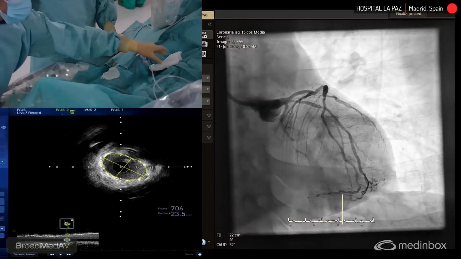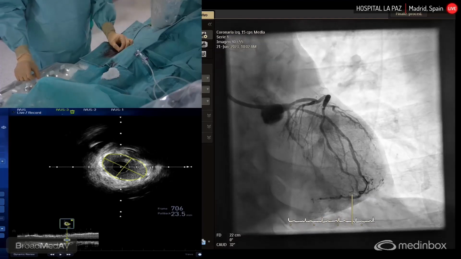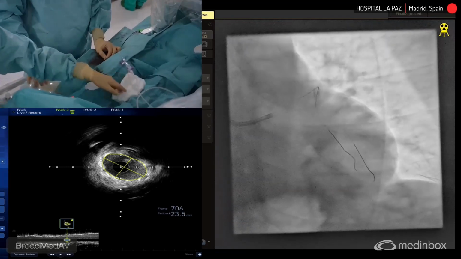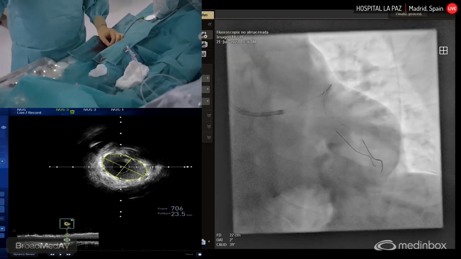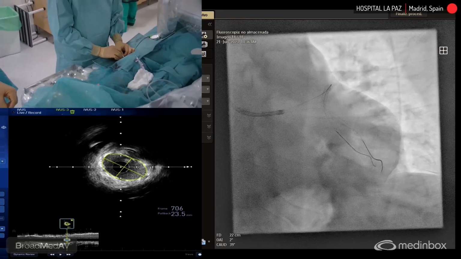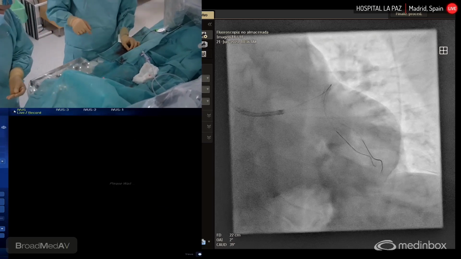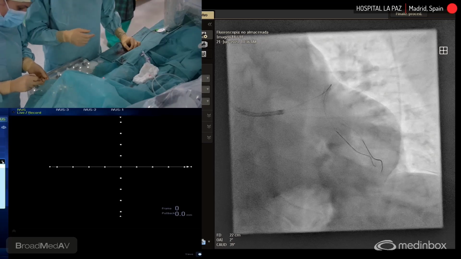Here is the image. We are going to work in the caudal projection. Okay, we are here. So IVUS. Borja, we are doing another IVUS live, and you can mark with the intermedius branch to differentiate them.